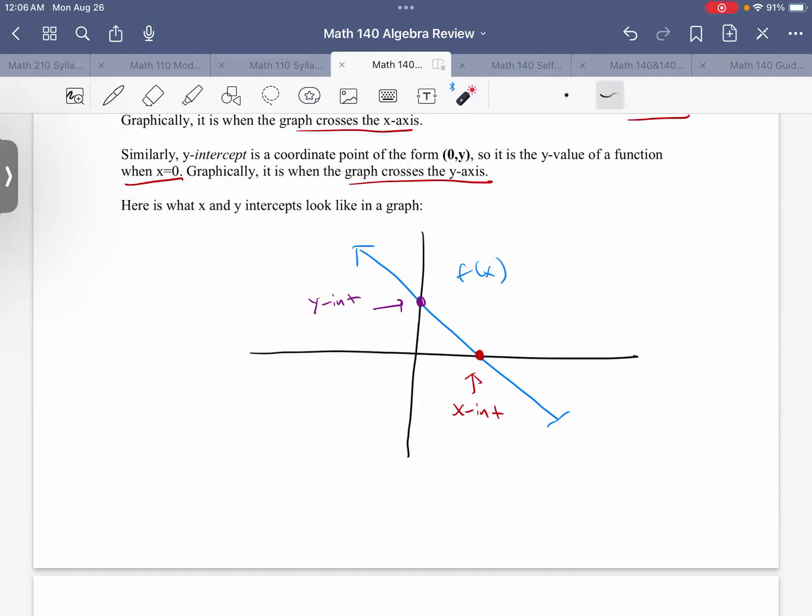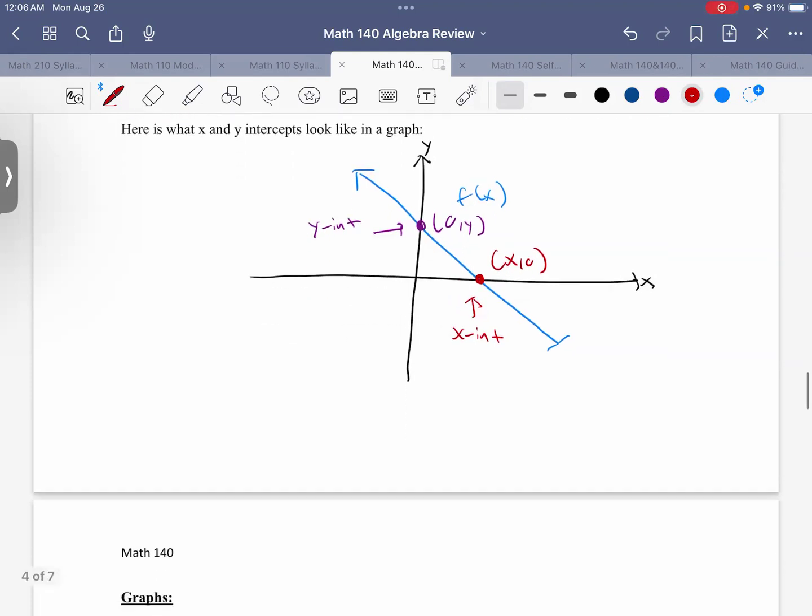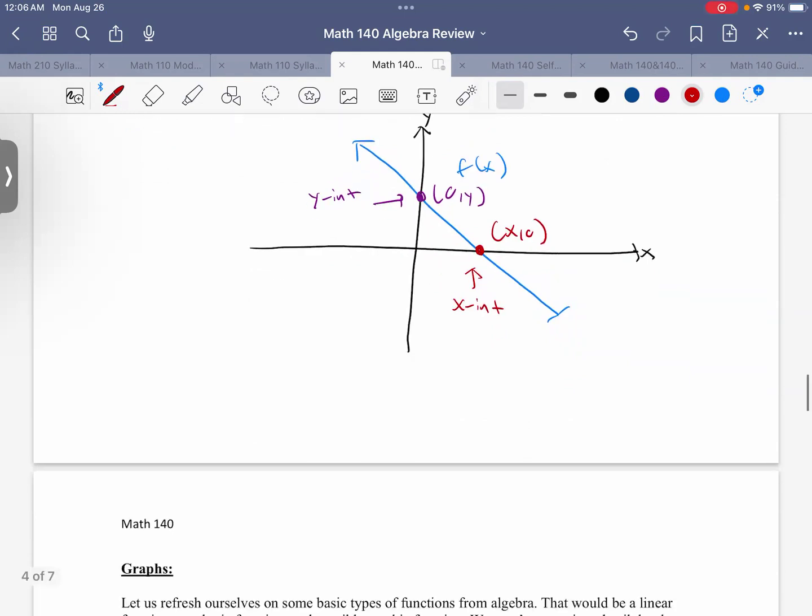We're crossing the y-axis here, x has a value of 0, and we're crossing the x-axis here, and y has a value of 0. So it would look like (0, y) and (x, 0). Okay, so that's a little bit of refresher about x and y intercepts. We won't get too much into it right now, but that's the general idea of it.